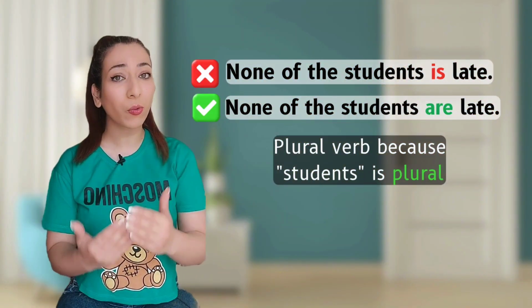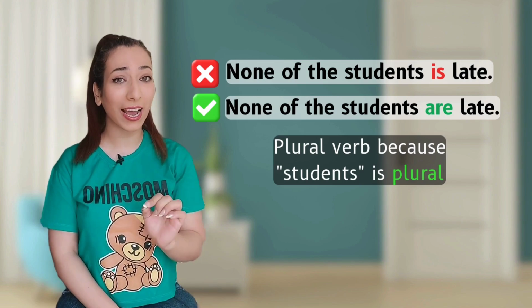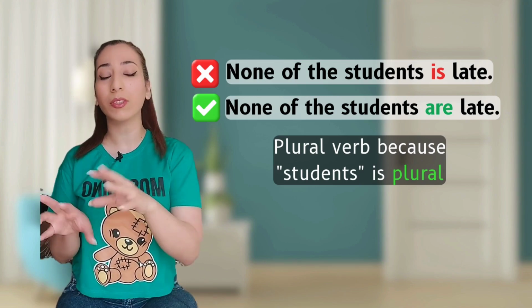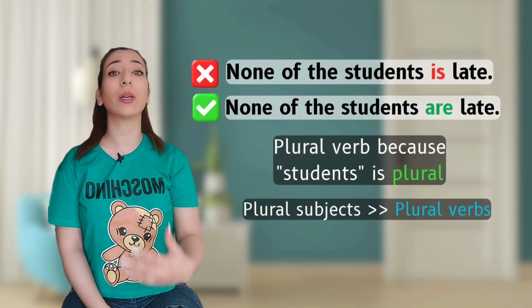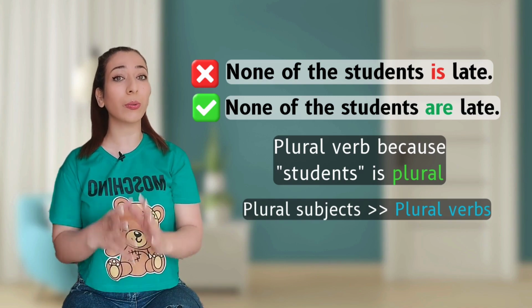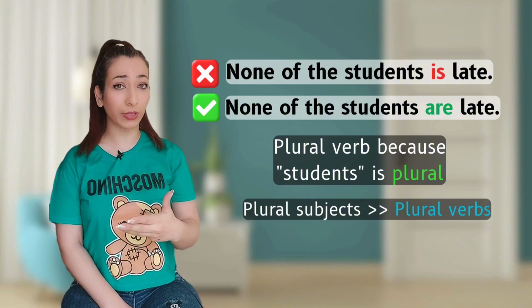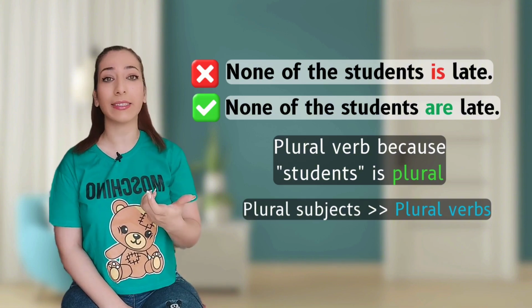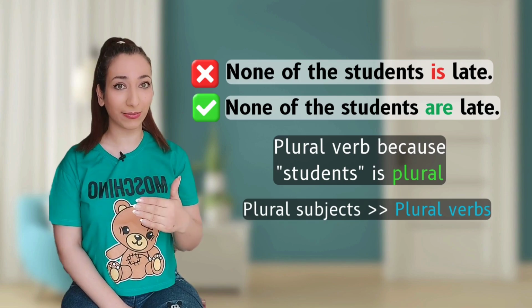None means not one, which sounds singular, but at the same time, it can refer to multiple things. Plural subjects are followed by plural verbs. So for plural nouns, we use plural verbs. And here, we're talking about multiple students, so we use are instead of is. None of the students are late.